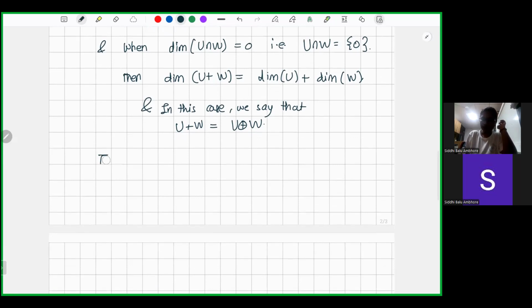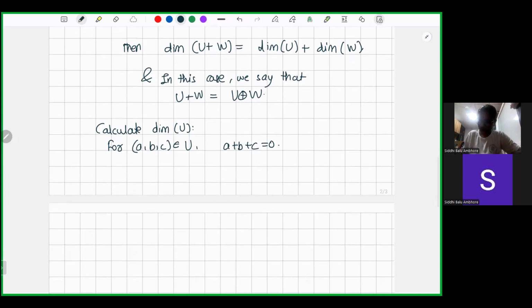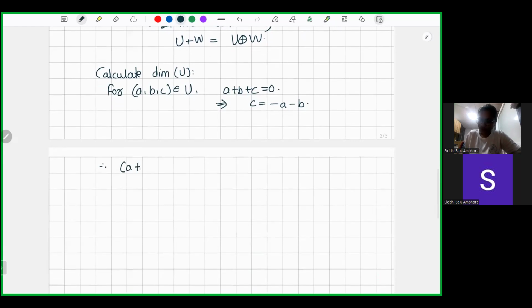So we first calculate what is dimension of U. So this will imply C is equal to minus A minus B. Therefore, this A, B, C in U becomes so.